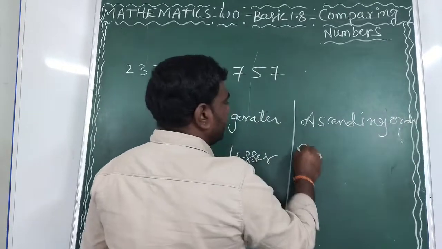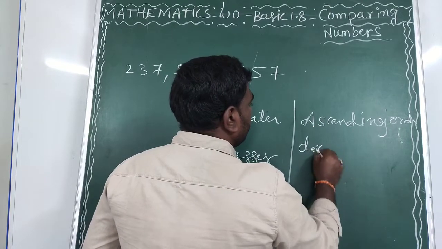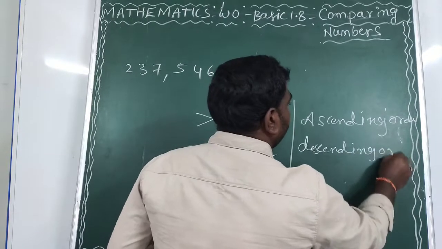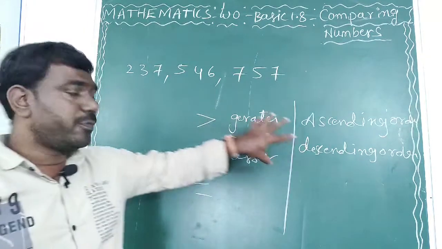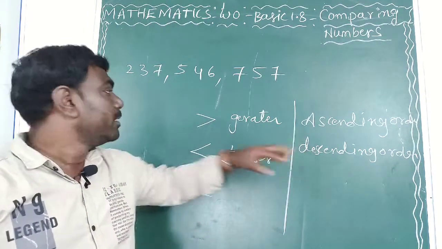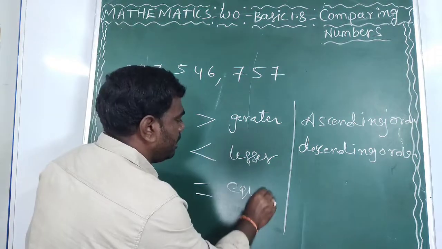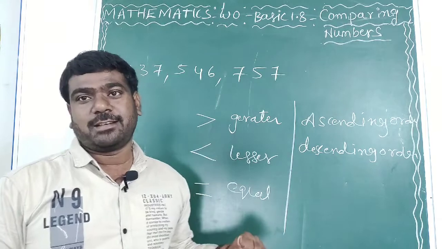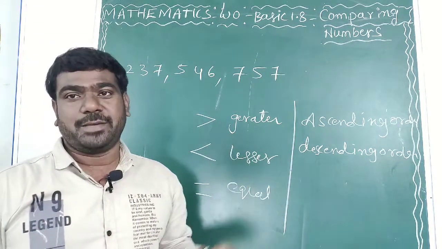The second one is descending order. By using these five elements, greater, lesser, equal, ascending order and descending order, we can compare the numbers.